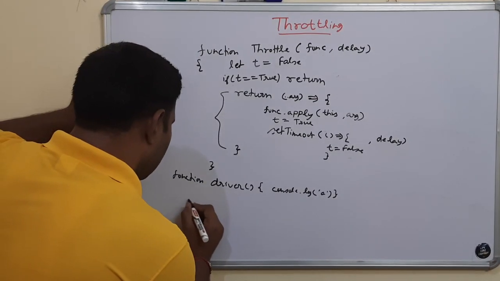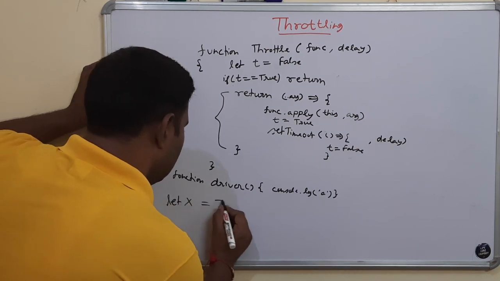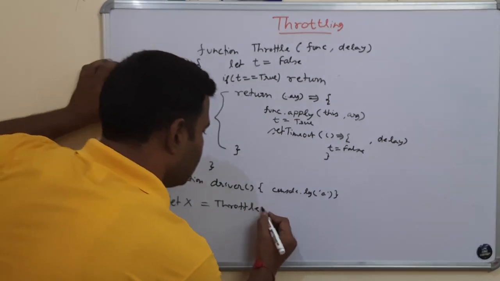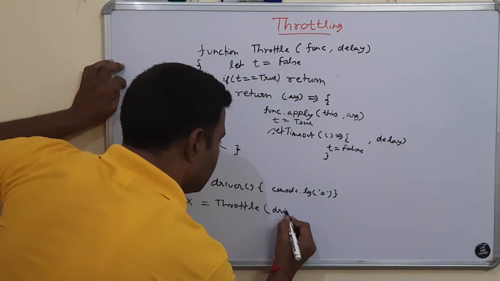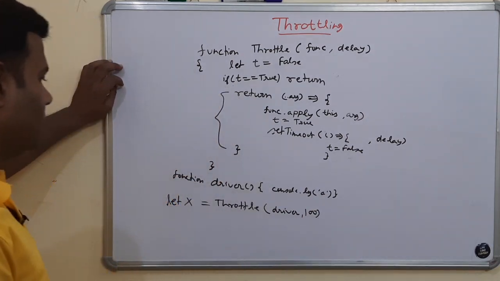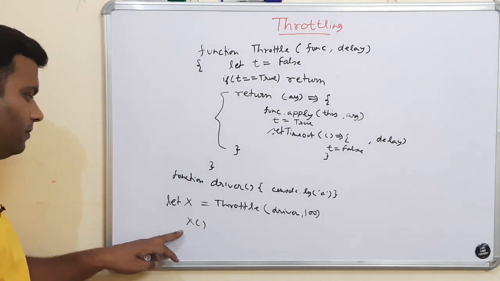So let's say x equals throttle, we will take this driver function, and let's say delay is 100 milliseconds. Okay, now if you call this x, what will happen?